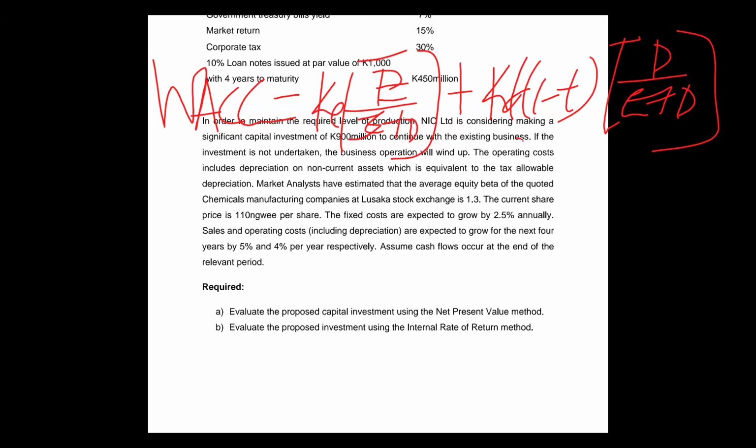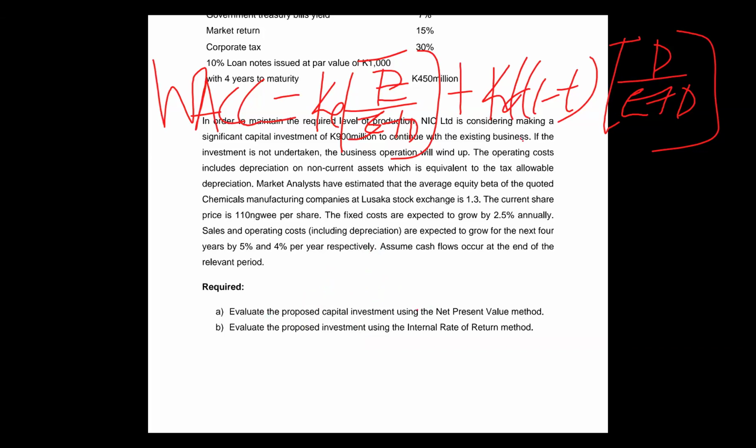If you're using the pre-tax cost of debt, you have to add it in the middle, because you have to deduct tax. But if you already deducted tax when you're finding the cost of debt, there will be no need of putting 1 minus tax here. You just put the cost of debt because you have already deducted tax. You're good?